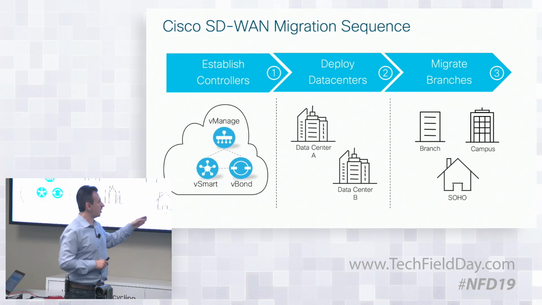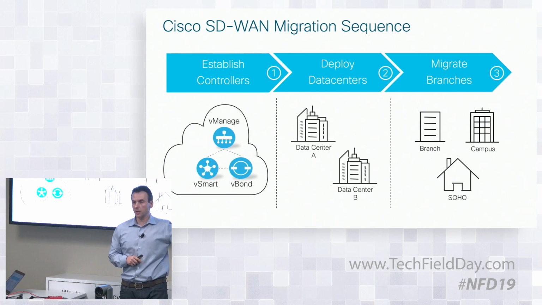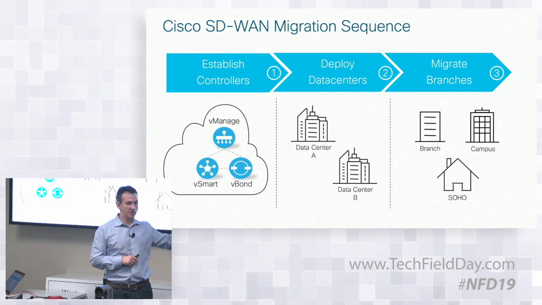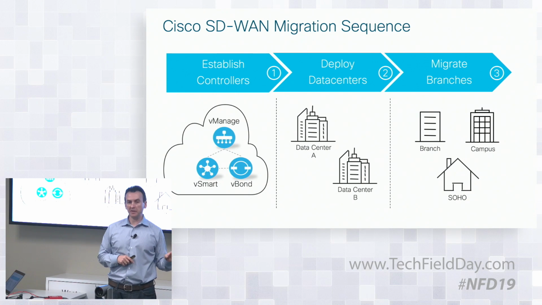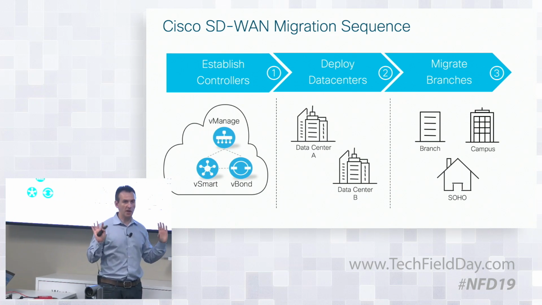The first one is obviously establishing the controller footprint. 95% of our customers opt for cloud controllers. We have a fully automated cloud ops operation that spins up all this control infrastructure in our public cloud backend. So that's not something 95% of our customers ever have to get involved with beyond placing an order. You place an order, magic happens, controllers are spun up. So nobody needs to do anything about that.